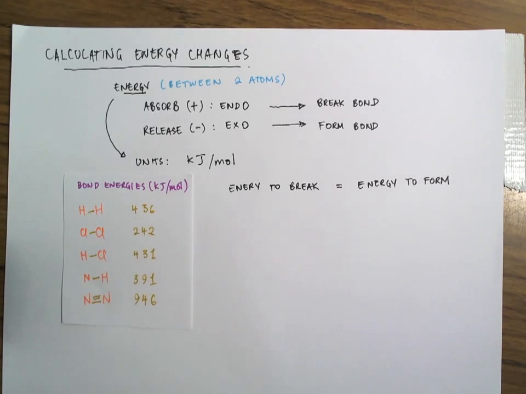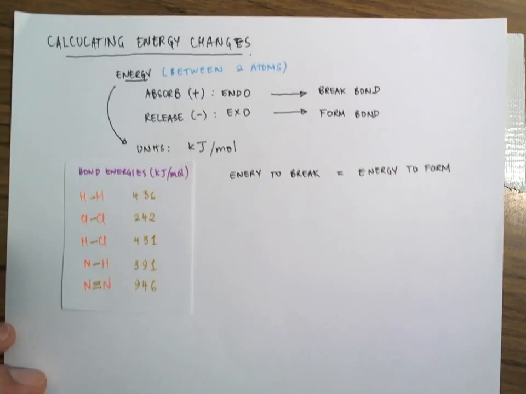So 436 kilojoules is required to break the HH bond here, and also 436 kilojoules of energy will be released when a mole of hydrogen atoms comes together with another mole of hydrogen atoms to form 1 mole of hydrogen molecules, right? So these energies are the same for the same pair of atoms, right? So let's head straight to an example and take a look at how we can calculate this.